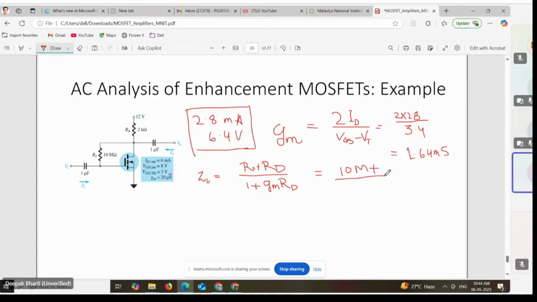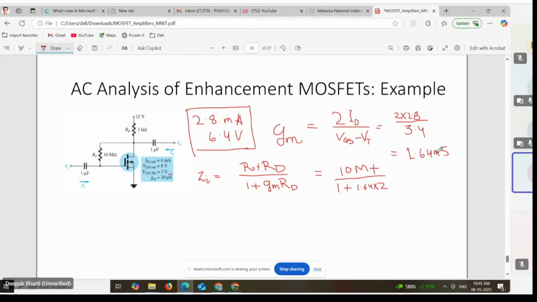So 10 mega ohm upon 1 plus GM is 1.64 into 2. If I calculate this, this will be 10 divided by 4.29.